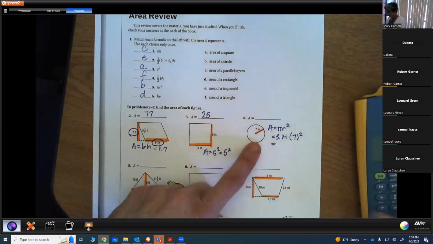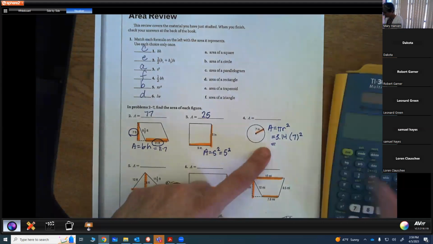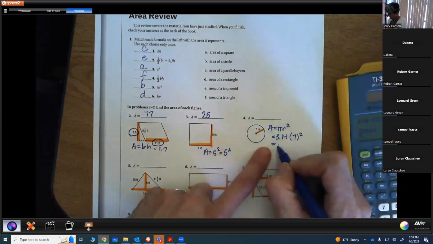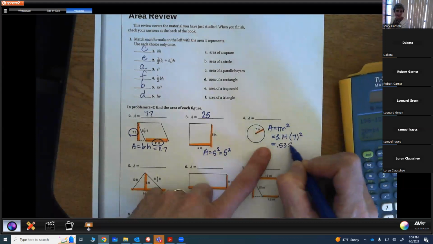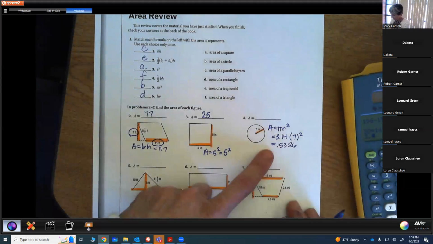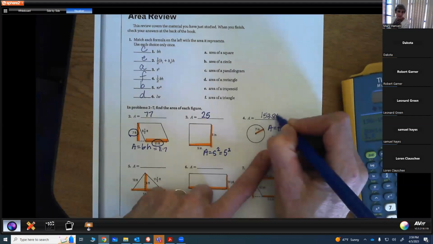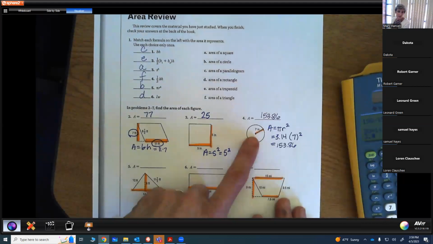And I think that's that 153.86, isn't it? Okay, that's what I thought. I've kind of got that number memorized now, using it several times. Because they gave us the radius, we don't have to worry about changing that number.